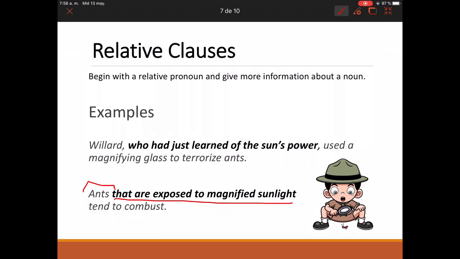Can we leave it as one sentence, ants tend to combust? Yes, absolutely yes. So a relative clause is not necessary in a sentence because it's extra information. That's the best way to identify a relative clause. Try to take it out from the sentence and read it without it, and if it has sense by itself, then it's a relative clause.